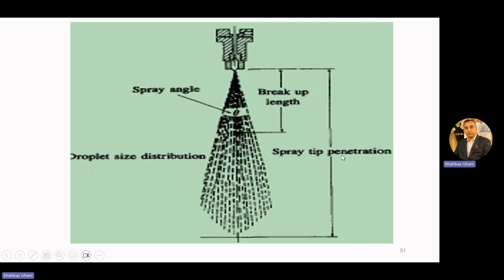The spray tip penetration is this much distance, which it should cover with that much pressure. So the spray angle is important, the breakup length is important, and the spray tip penetration, or the depth of the spray, is important. This is the ideal spray pattern.